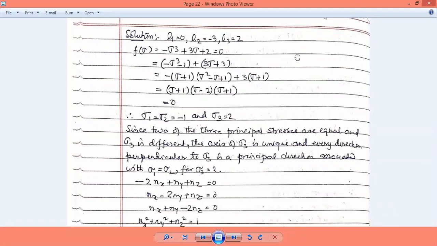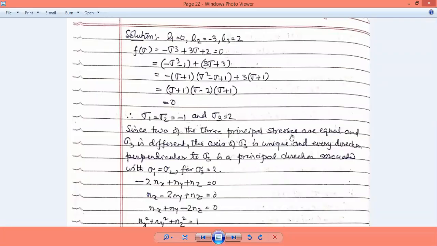So here the function of sigma is equal to sigma cube minus 3 sigma minus 2, or if we solve again by this equation, we'll have sigma plus 1 times sigma plus 1 times sigma minus 2 equal to 0 itself, and sigma 1 is equal to sigma 2 is equal to minus 1, and sigma 3 is equal to 2.